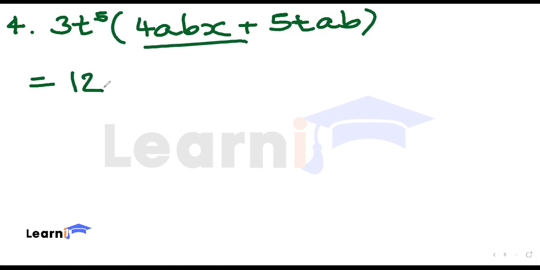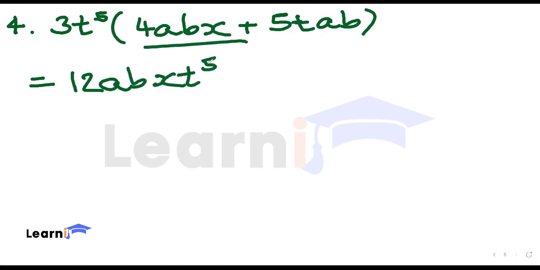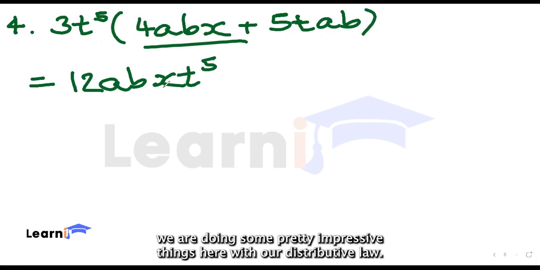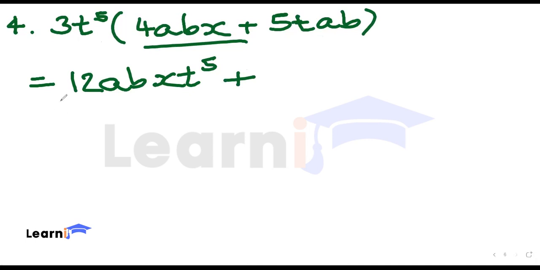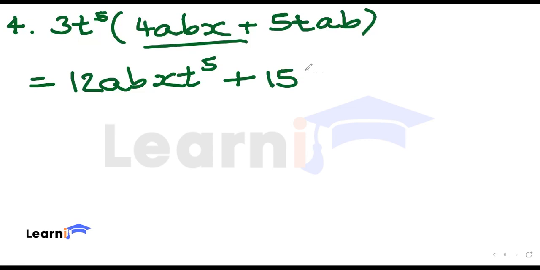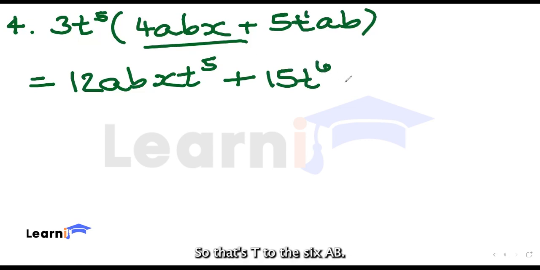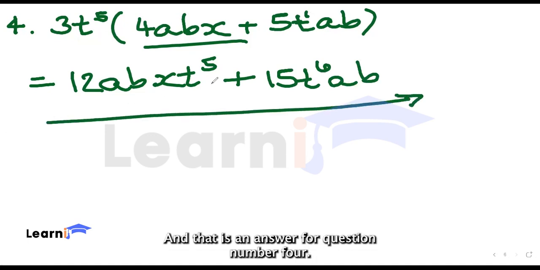Here, there's no t. So here, this is just abx t to the 5. Looks terrible, but hey, we are doing some pretty impressive things here with our distributive law, and we are still finding answers. 3 times 5 is 15. Now here I do have a t, and this is t to the 1 plus t to the 5, so that's t to the 6 ab.